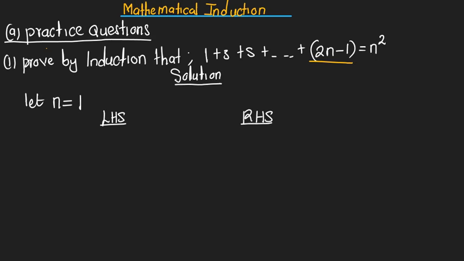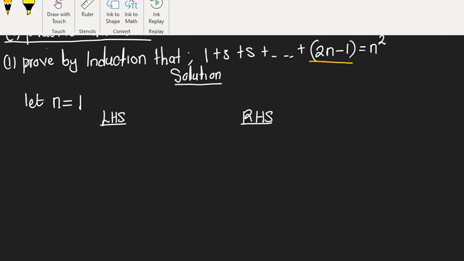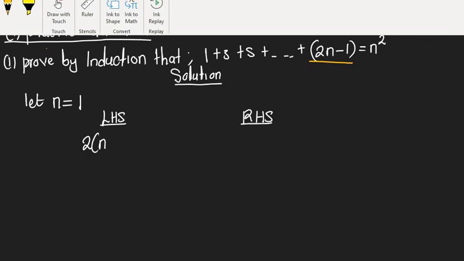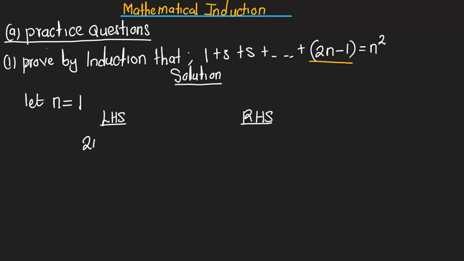So left hand side, you have that part, so you can write it here: 2n minus 1. Then right hand side, you have this part, n to the power 2.